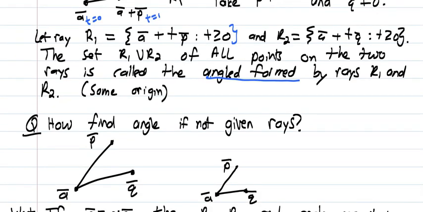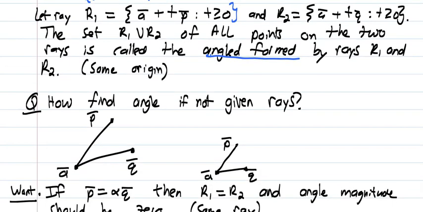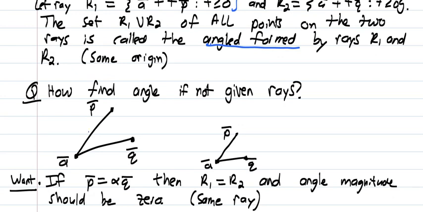If we're not given rays, we have to be given something. So typically we will be given 3 points, maybe point A, maybe point P, and maybe point Q. So if you want this blue angle as depicted, what do you do? You apply the definition. You see that this lies between two rays. So, as before, you form the ray starting at point A, passing through point P. This will be your one ray.